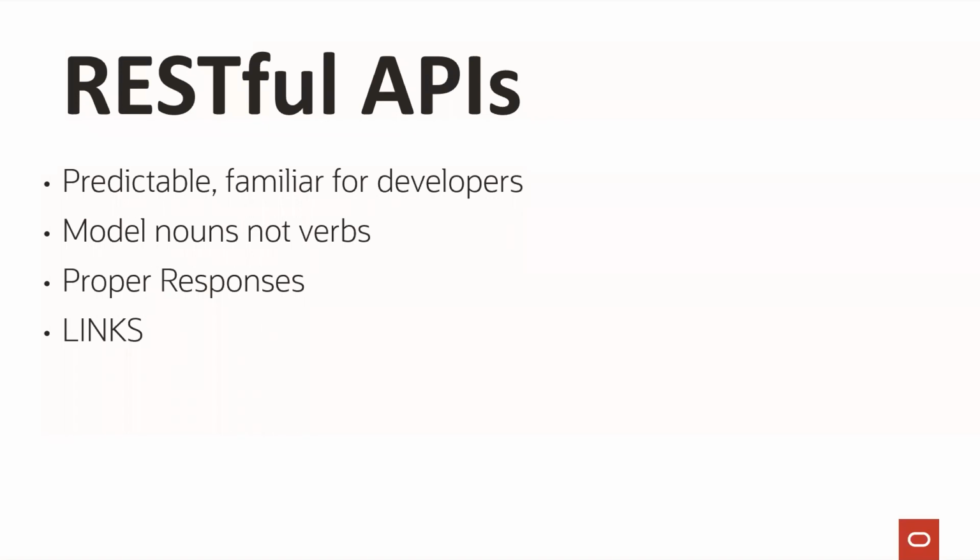That should be idempotent. We should be able to call that over and over again without ever changing the status or the state of anything on the server side. Are we communicating what's happening properly via these response codes? And are we using links? And the more exceptions you see to these rules, the less RESTful your API becomes.